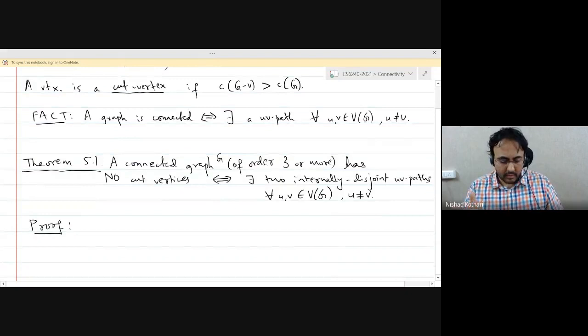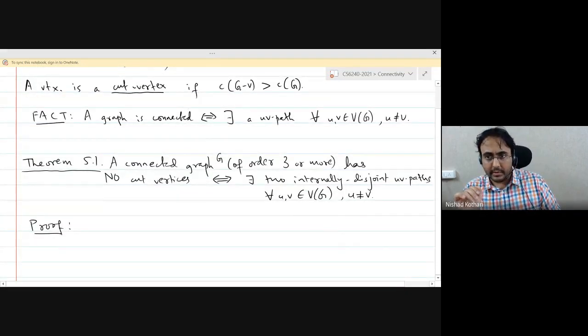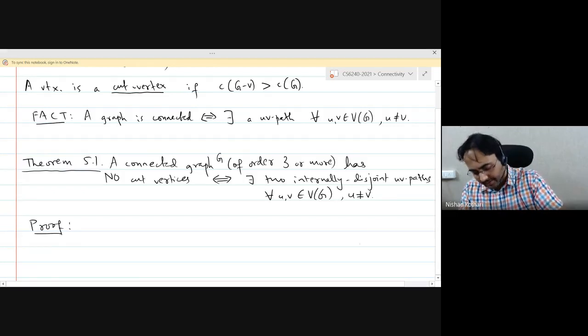And we know that a graph is connected if and only if there exists a UV path between any two distinct vertices U and V. In the same spirit, if a graph does not have cut vertices, then a stronger statement is true, which is that any two distinct vertices U and V belong to two internally disjoint paths.